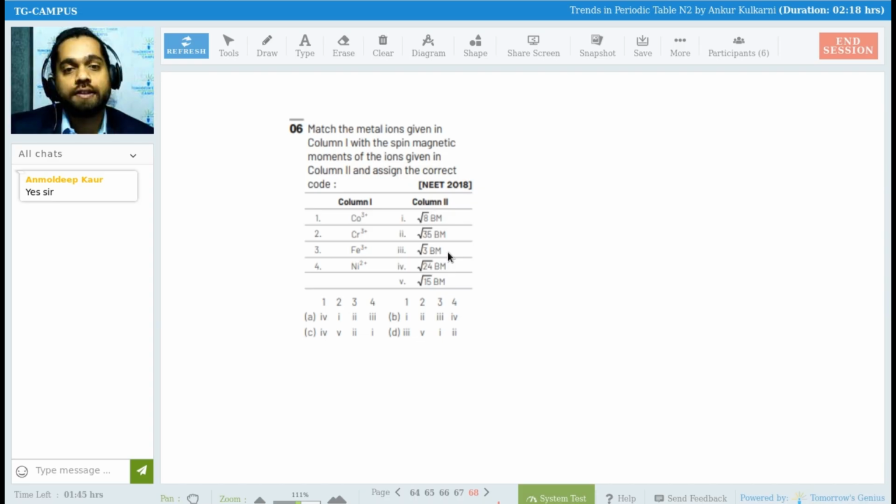Correct. And always check for exceptions, so that you have to solve a minimum number of questions. Check the options and then go and solve.